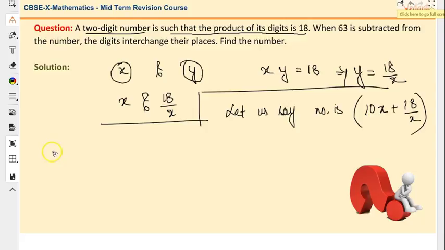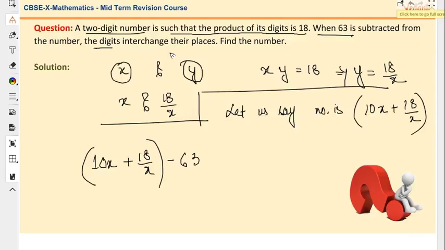Now what they are saying is, when 63 is subtracted from the number, so suppose this is my number and I subtract 63 from it, I get a new number whose digits interchange their place.